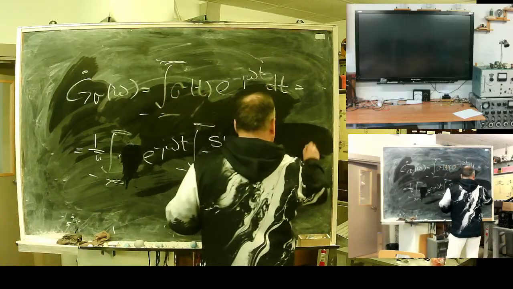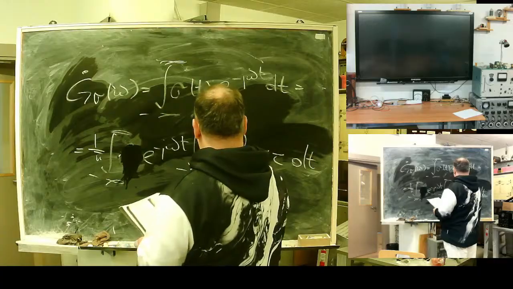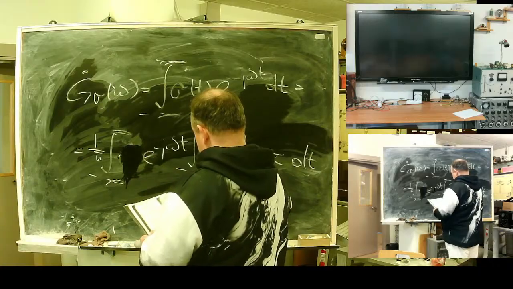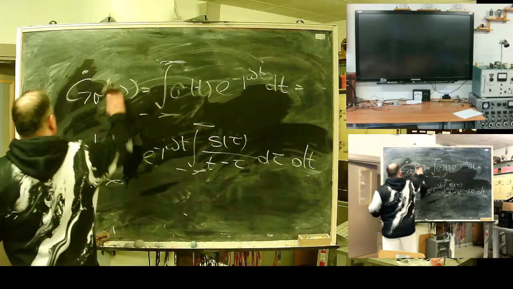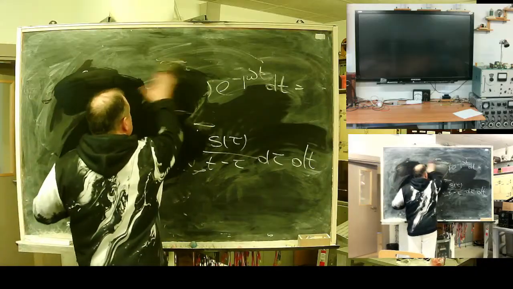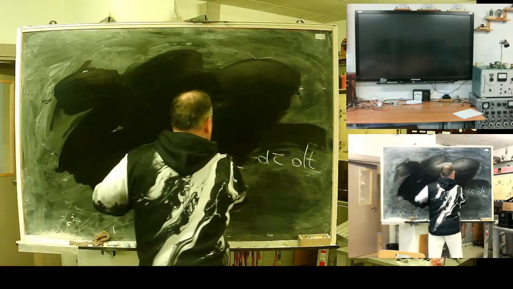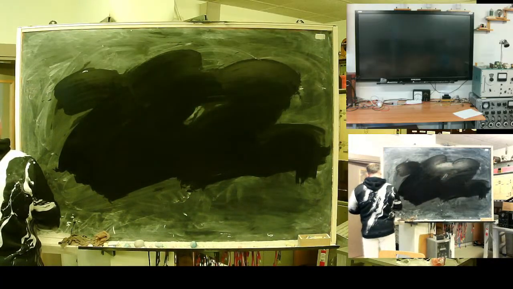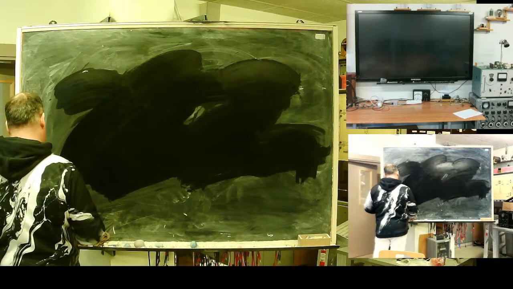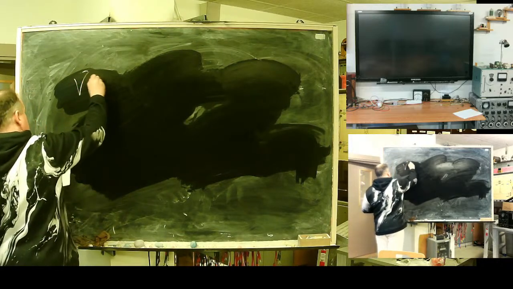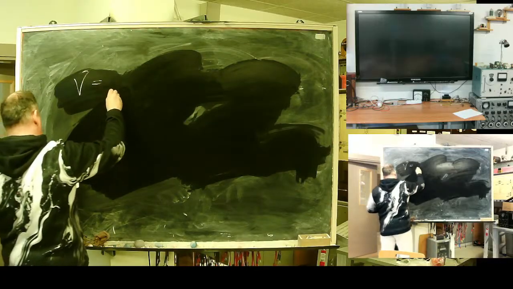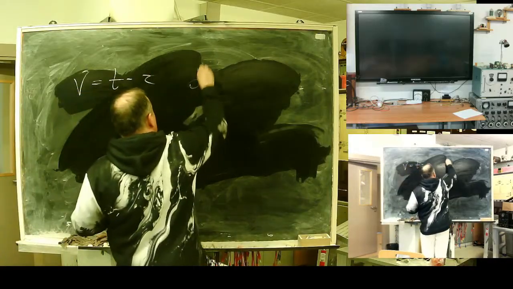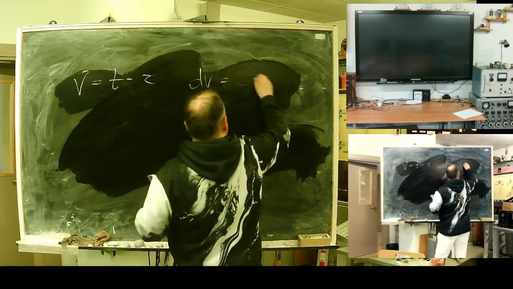To integrate this, one of the ways is to introduce v as a substitute variable, v equals t minus tau. dv will be the same as dt.